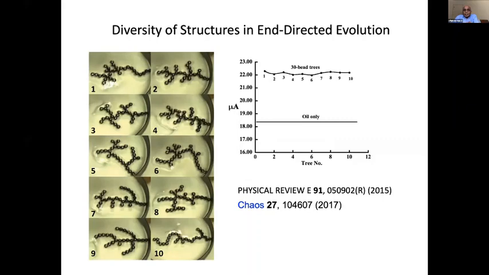So here is a summary of all the different kinds of trees that we looked at, and the current generated by each tree. It's pretty close. There are small variations, of course. And if you want to see more details about it, there are a couple of papers that came out on this, one in Physical Review, Rapid Publications, and one in Chaos, which summarizes more of it.